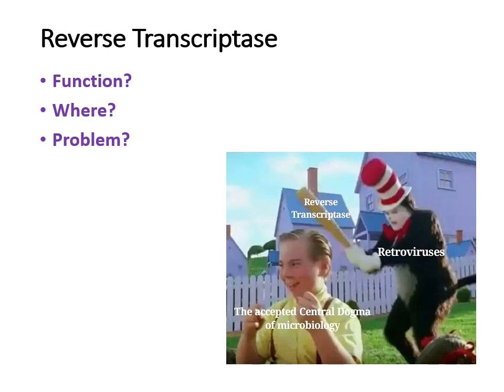Now, I want to mention a very important other enzyme that some organisms have, and that's reverse transcriptase. If you think about what transcription is, that's DNA to RNA. So if it's reverse transcription or reverse transcriptase, that means you're going in the opposite direction. The function of this enzyme is to copy RNA to DNA.